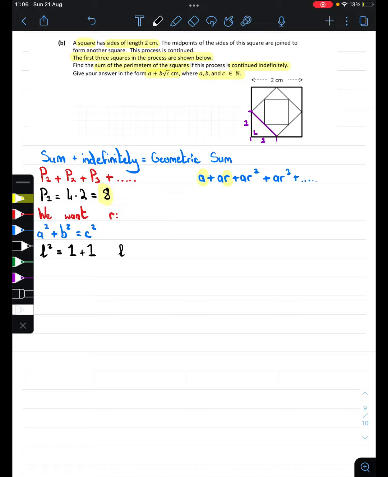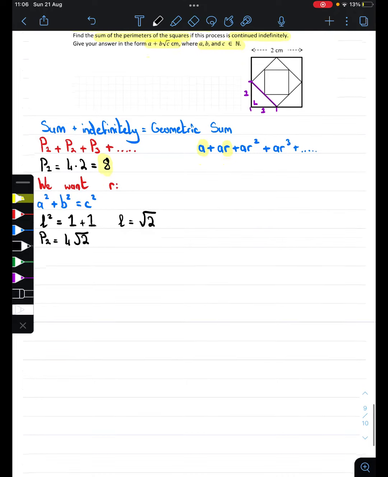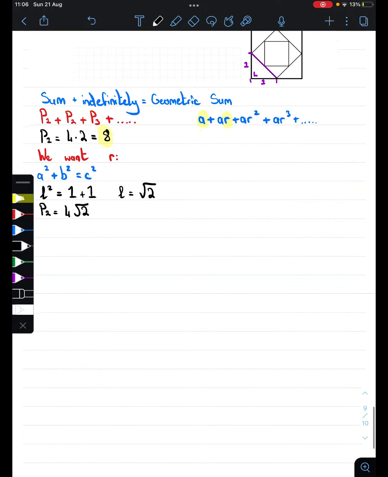So L equals the square root of 2. Okay, and P2 is equal to 4 times the square root of 2, because it's 4 times the length of each side. So P1 is equal to 8, and P2 equals 4 root 2.